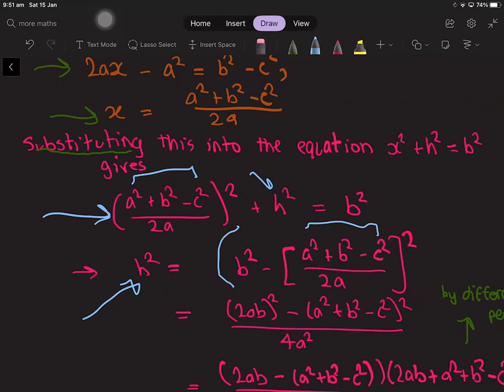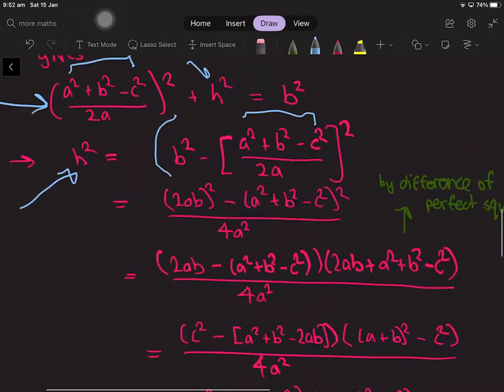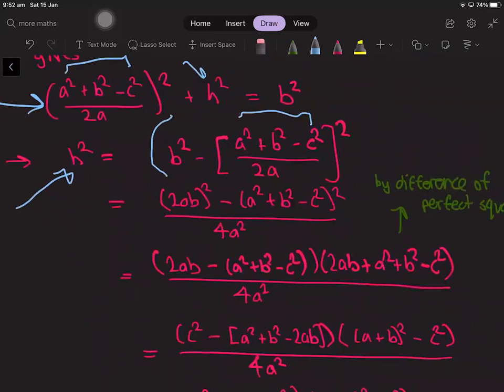And we'll use some difference of two squares factorization as well. So firstly, I've brought it all under a common denominator. So I have 2a all squared here. So you can multiply it by 4a squared in here to get (2ab) all squared. Now we have (2ab) all squared minus this square number here, and divided by 4a squared.